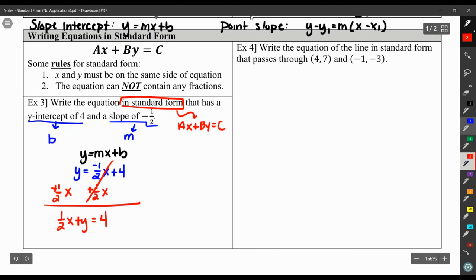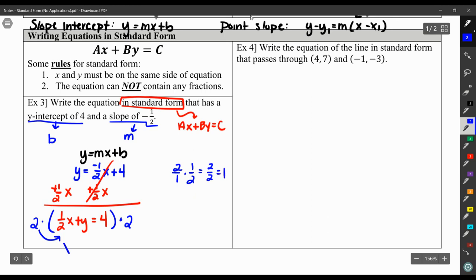Now, it's almost in standard. We have x and y on the same side and the constant by itself. But there's rule number 2: I cannot have any fractions. So we need to get rid of the denominator of 2. What we're going to do is multiply both sides by whatever is in the denominator, in this case, 2. When I do 2 times 1/2, you end up with 2 over 2, which is a 1.